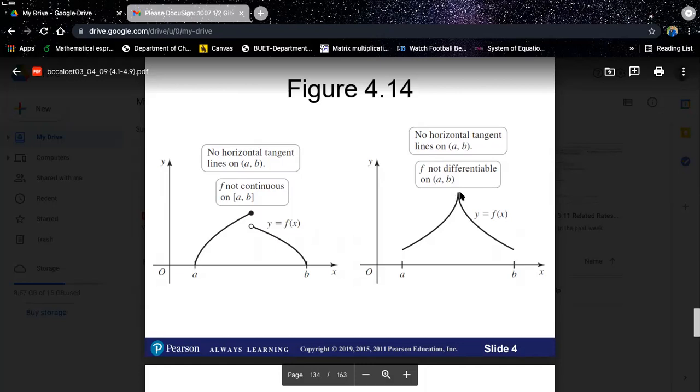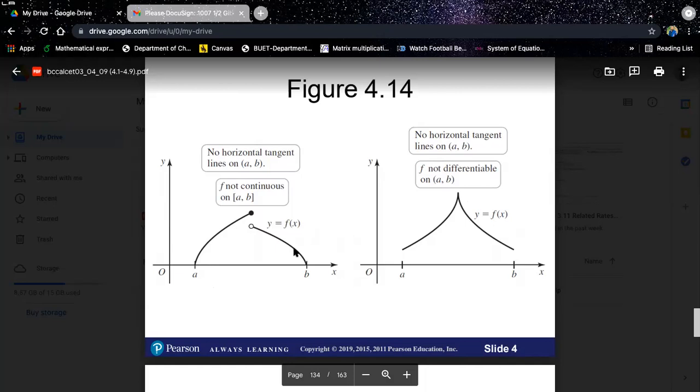So our conditions are not met, because for Rolle's theorem to give us the point in between, or rather on that interval, to find that value c, our function has to be differentiable everywhere on that interval. But it's not differentiable here, right? And for this one, it's not even continuous.